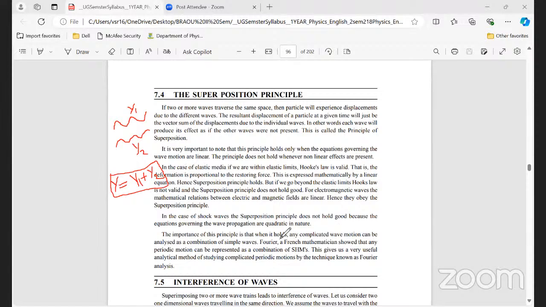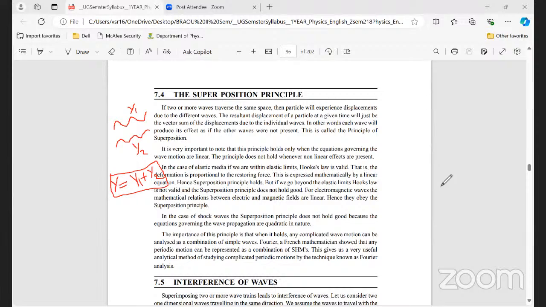But what is the importance of this superposition principle? It holds for any complicated wave motion, not just a transverse wave or a longitudinal wave. So many waves are there. In the case of Fourier's theorem, there is a square wave, a sawtooth wave.